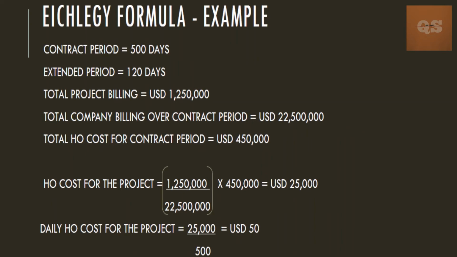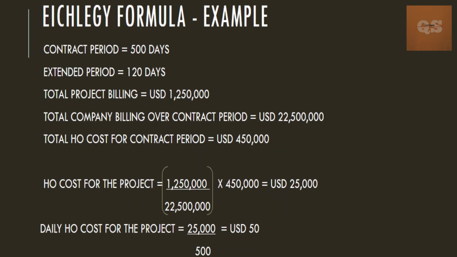So here your contract period of your project is 500 days, your extended period is 120 days. Now your total project billing is 1.25 million US dollars, and your total company billing over that contract period of 500 days has been 22.5 million US dollars, and your total head office expenses spent during that 500 days is 450,000 US dollars.